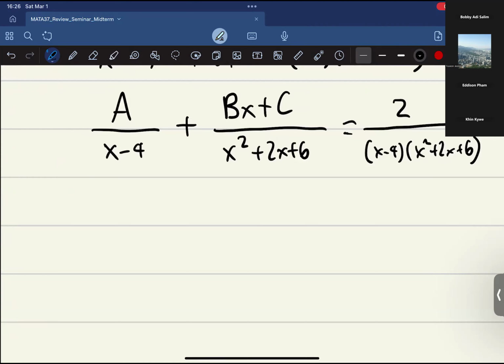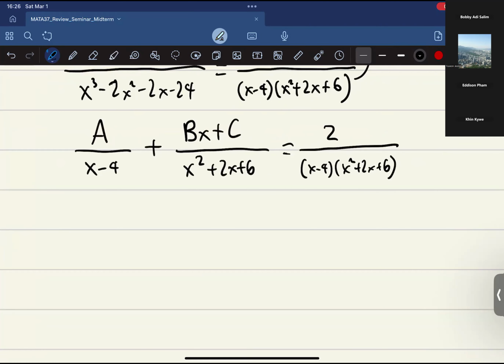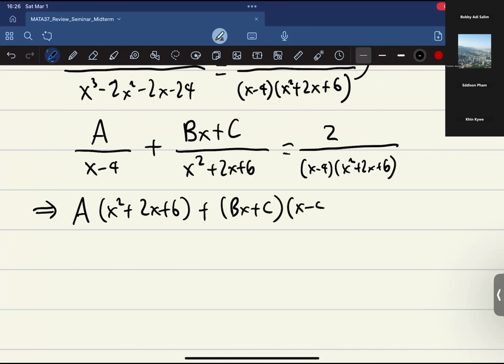So here we cross multiply to get the common denominator, and we'll get a times x squared plus 2x plus 6 plus bx plus c times x minus 4 equals 2.